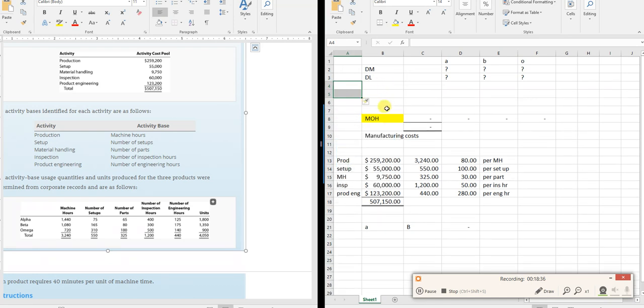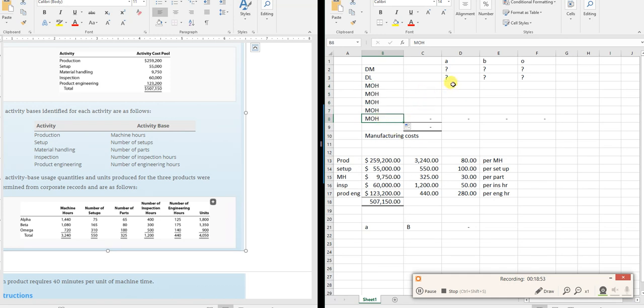One, 2, 3, 4, 5. I'm going to have manufacturing overhead production, setup, material handling, inspection, and product engineering. I'll just copy these down.